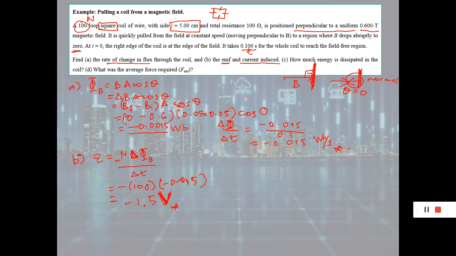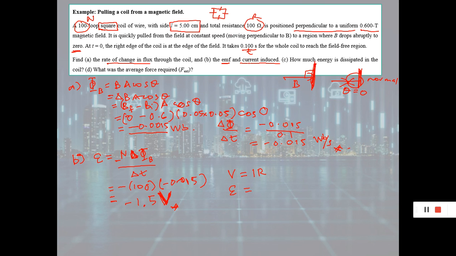Next one, the current induced. So you have learned before for current induced, V equals IR. For this question, V here is EMF, and I is not given. So what is the R? R is here, 100 ohm.